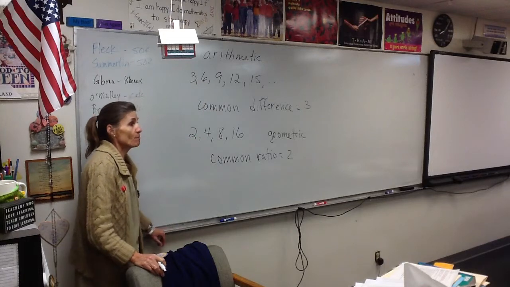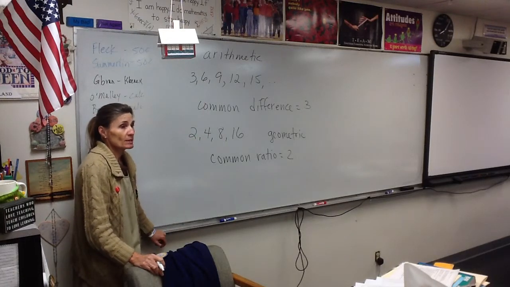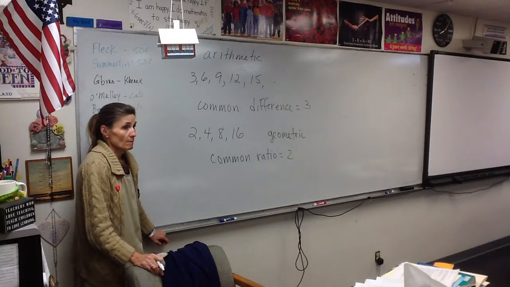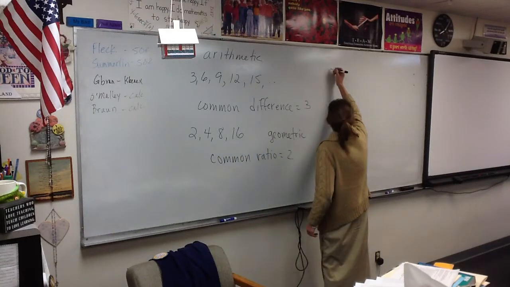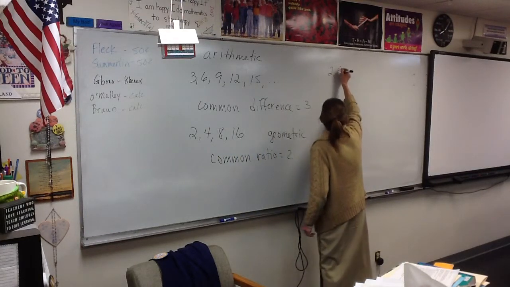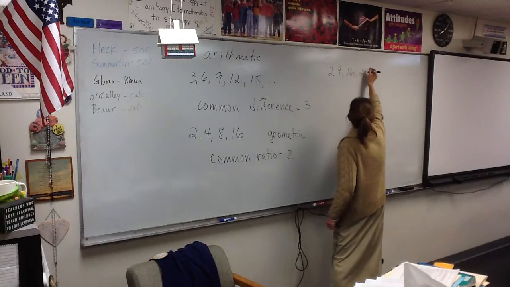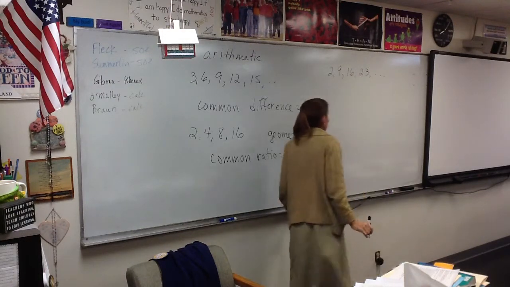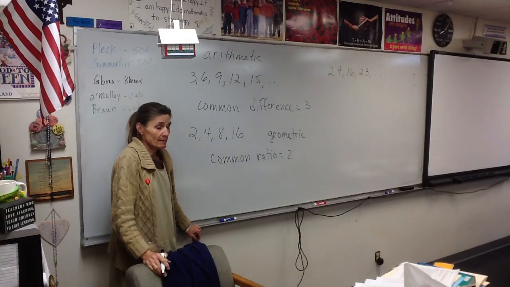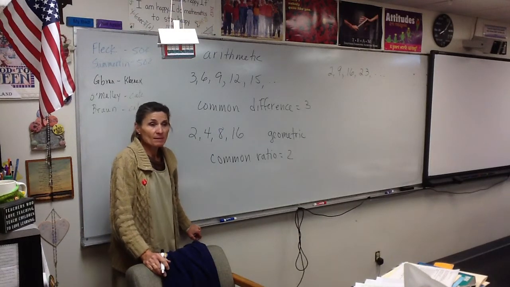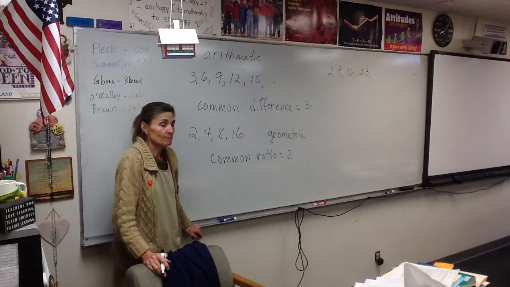Let's go back to our arithmetic. Can somebody give me another example of an arithmetic sequence? 1, 2, 3, 4. Okay, that's another really obvious one. Let's bring it down a little bit. 2, 9, 16... How about this one? Is that guy arithmetic? Yes, he is arithmetic. He has a common difference of 7.